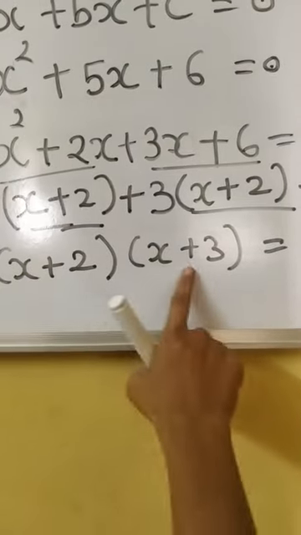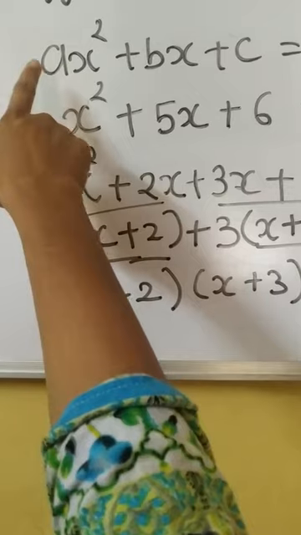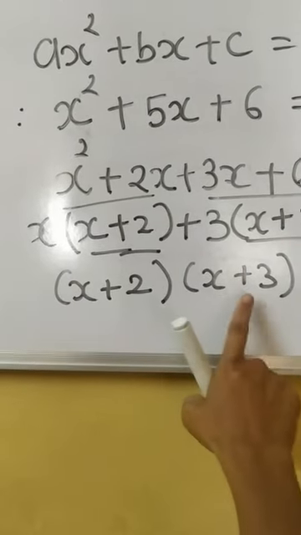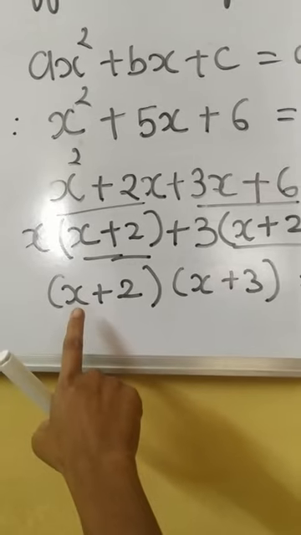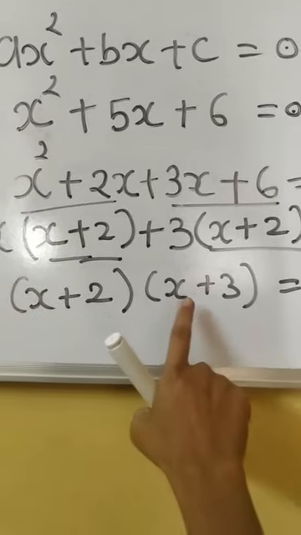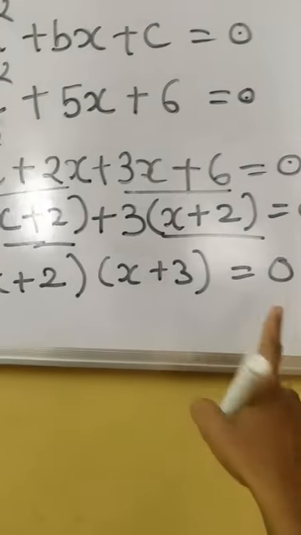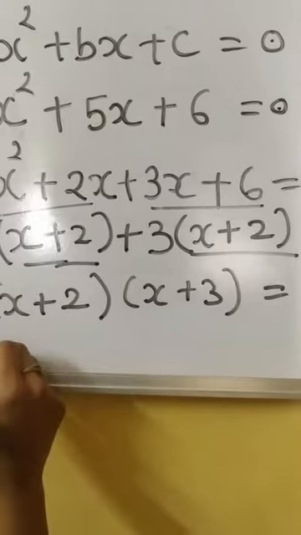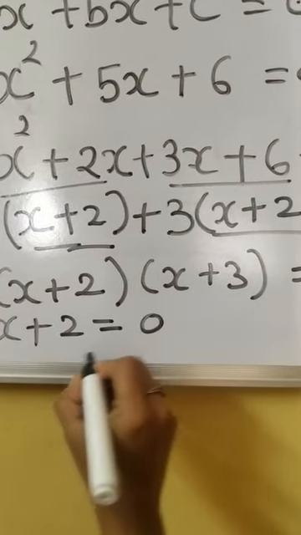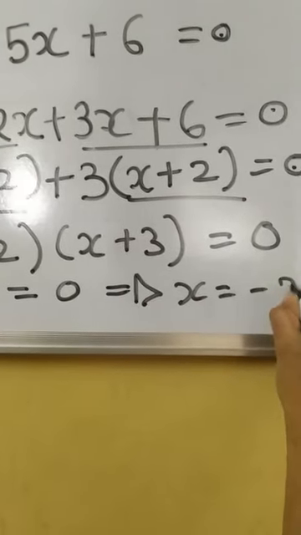So here we got two factors for that polynomial, and that was quadratic polynomial. So we got two brackets, one is x plus 2 and one is x plus 3. And when we are comparing x plus 2 with 0, we are getting the value as what? x equals to minus 2.